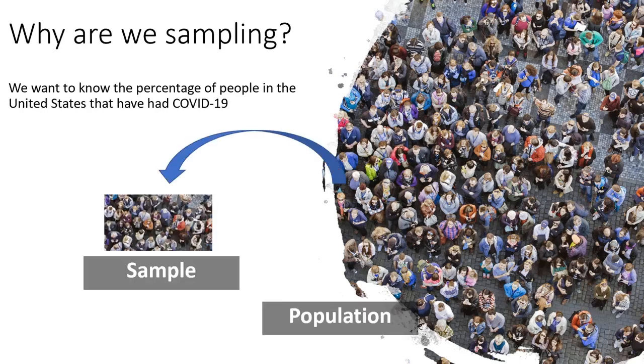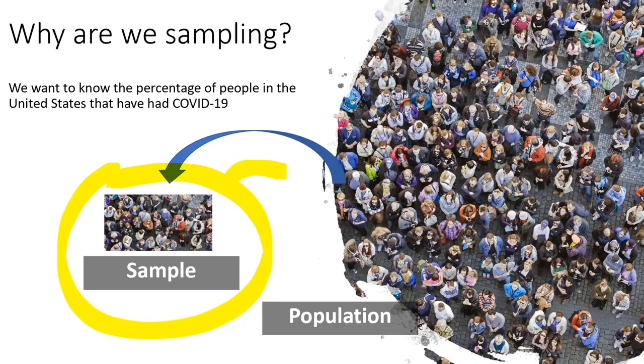Rather, what we do is we take a sample from the population, which is a smaller subset of the population. And then using the data collected on that smaller subset, we'll say something about the population.